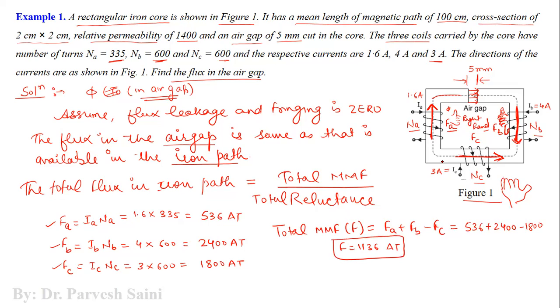Now we need to find out the total reluctance of the circuit. We know that reluctance is the property of a magnetic circuit by which it opposes the flow of flux through it.